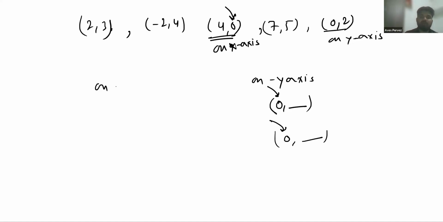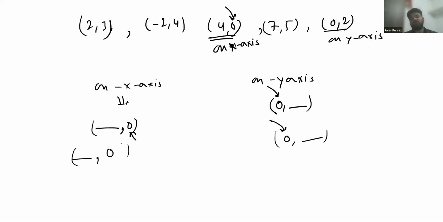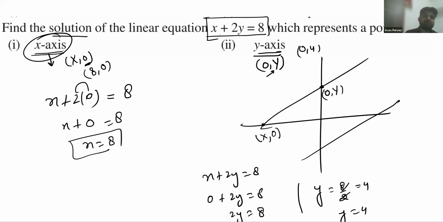And on the x-axis, every point is in the form of some value of x, then y is 0. So it can be 5, 0, 2, 0, -3, 0. But this is permanent, that this value will remain 0. Okay. Got it? Yeah.